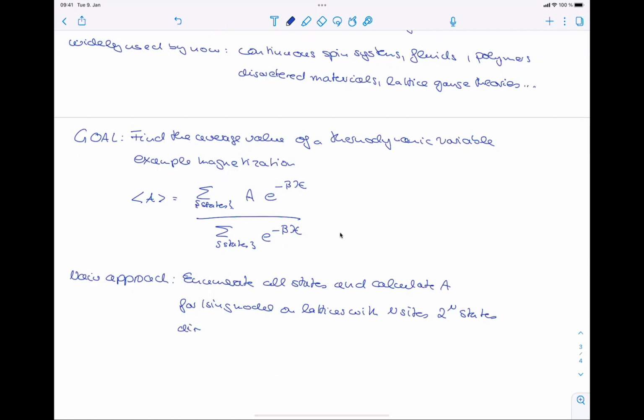And direct evaluation is only possible here then for n roughly the size of 40.